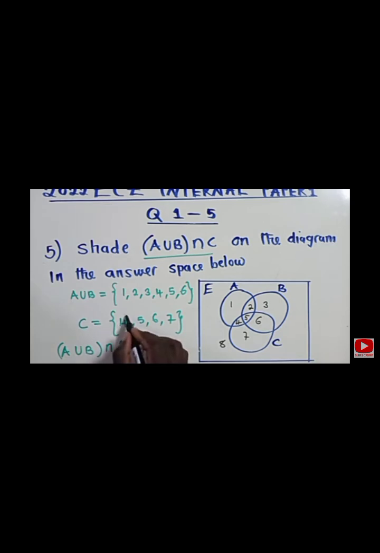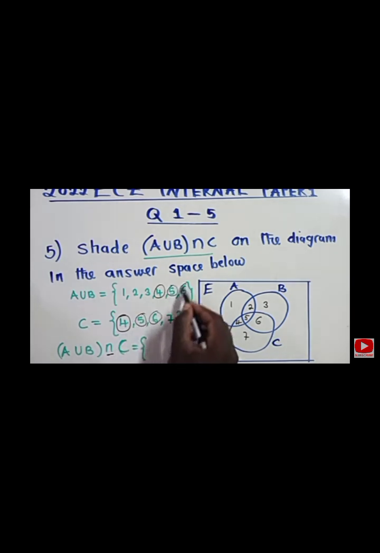So if you can see nicely, 4 is found here and here. That's what it means, intersection. It means get what is found in this set and this set. So 5 is there and it's right here. 6 here and here. So those are the 3 elements that we need to write. So we have 4, 5, 6.